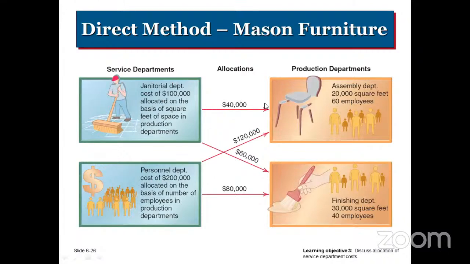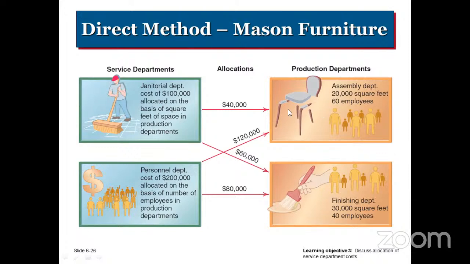Here the cost is allocated out: 100,000. Give the assembly department 40,000 and the finishing department 60,000. The personnel HR cost, give the assembly department 120,000 and the finishing department 80,000.